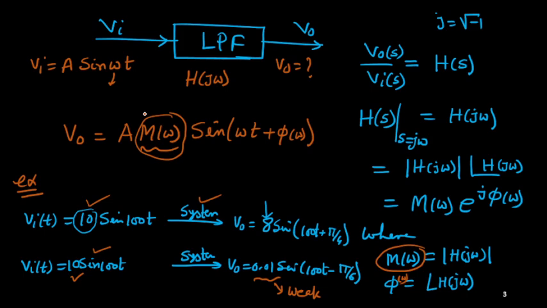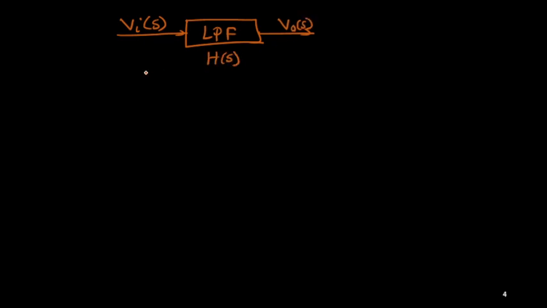By this pattern of M of omega, we can define different kinds of filters. So in a low pass filter, how should this magnitude pattern look? This is your low pass filter. This is your input signal, Vi(s), and the output side Vo(s), and the system transfer function is H(s), which is output by input.